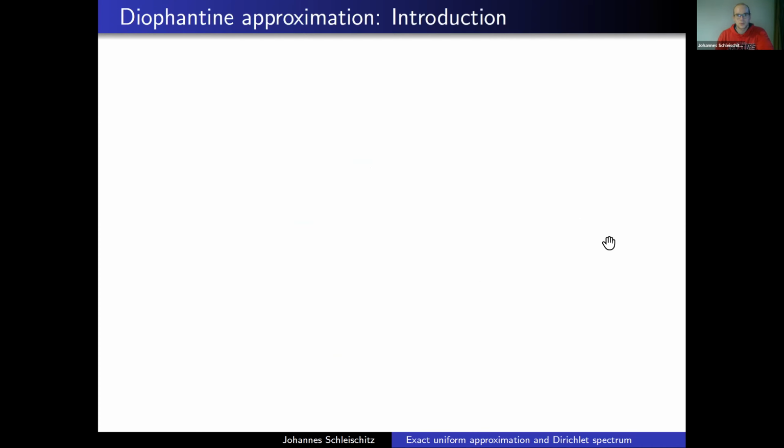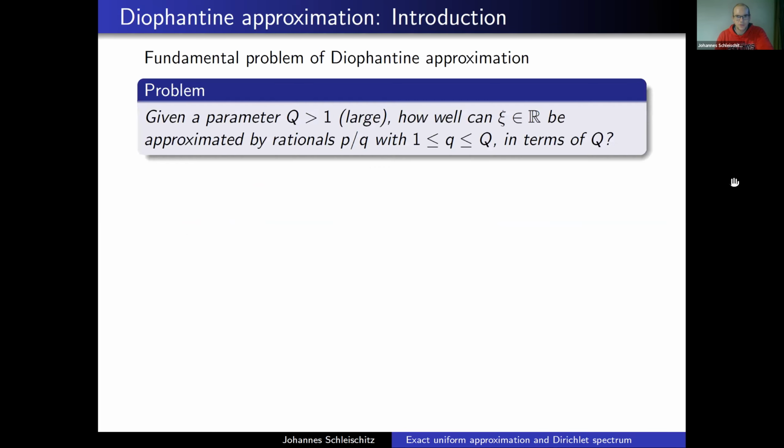Okay, so for those who are not so familiar with Diophantine approximation, I have a quick introduction. Basically we are given a real number, which I always call psi, and some parameter Q that you could think of as large. You want to approximate psi by rationals, and the denominator shouldn't be too large.